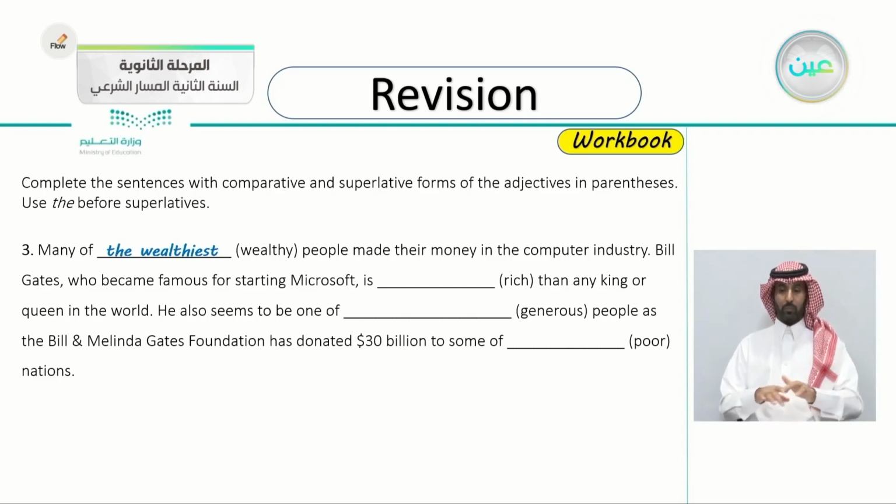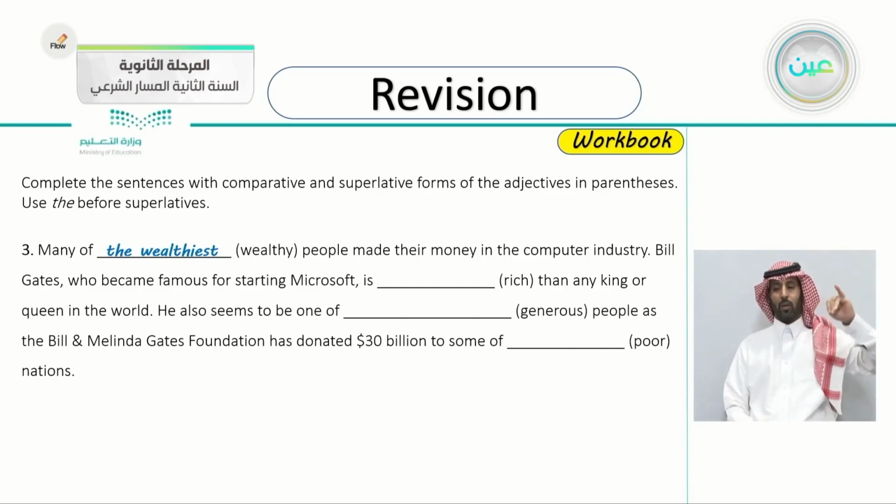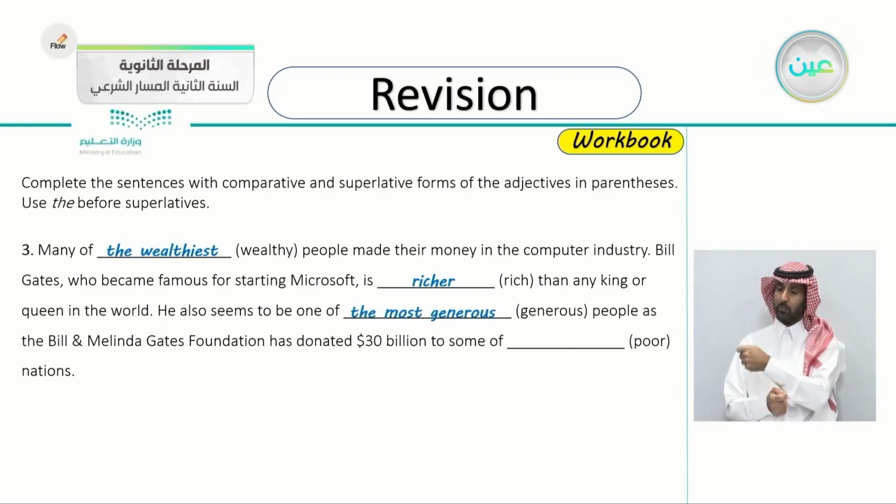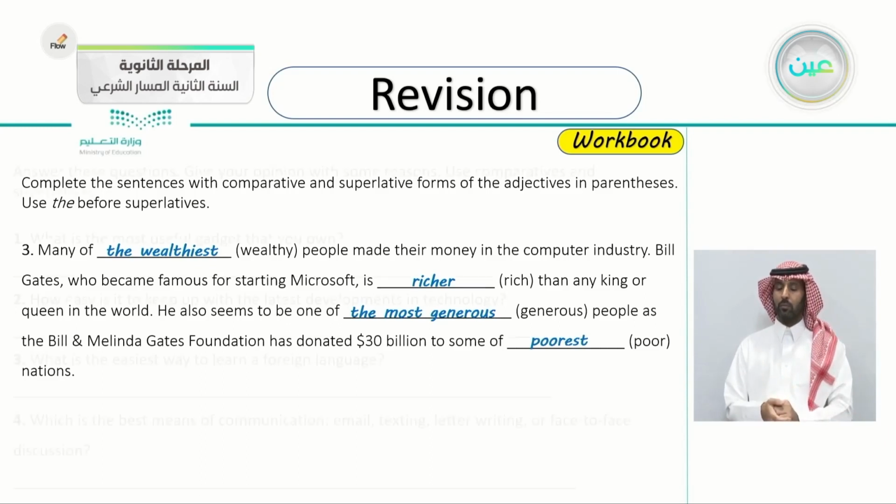Bill Gates, who became famous for starting Microsoft, is richer than any king or queen in the world. He also seems to be one of the most generous people, as the Bill and Melinda Gates Foundation has donated $30 billion to some of the poorest nations.